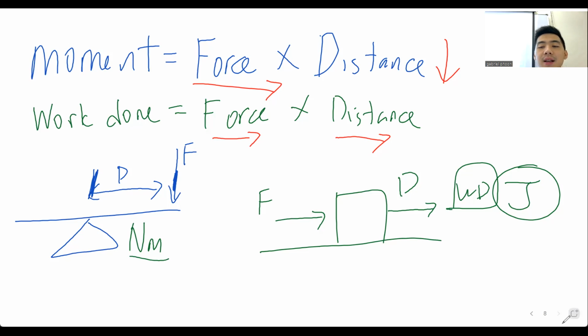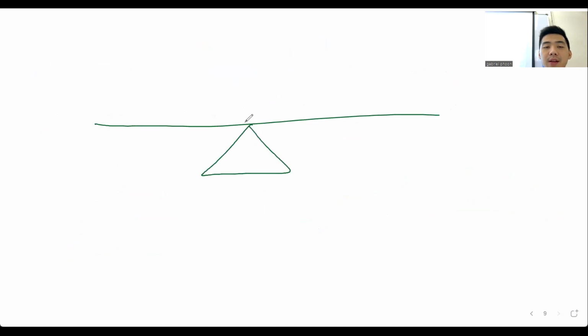So let's say, guys, I go into a calculation question. Let's do a simple calculation question today. Let's imagine there is a plank here, and there is a pivot here. Let's imagine I have one force that acts here, one force that acts here, and then one more force that acts here. Let's imagine this is 30 newtons.